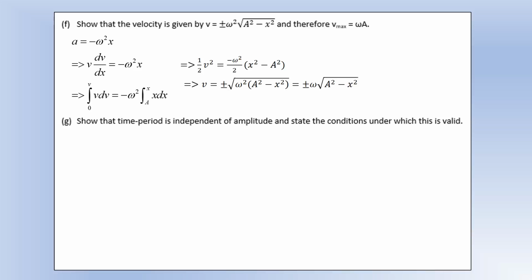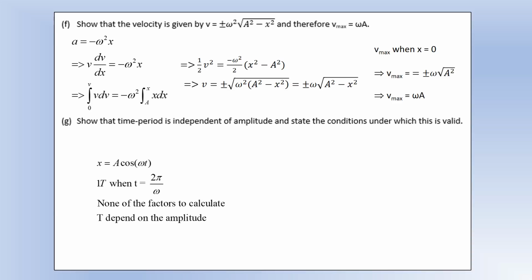Then what we can do is we can essentially plug our values in, rearrange to make v the subject, and we end up with that equation we have there. So the next thing we're going to look at is, you should know that for SHM, the time period is independent of amplitude. So we want to know under which conditions that is true. First of all, we should know the equation for displacement is a cosine omega t, or we could have done sine.